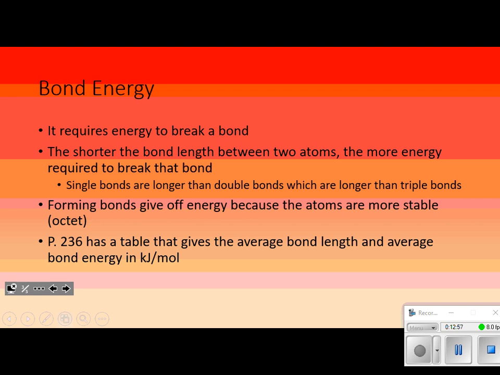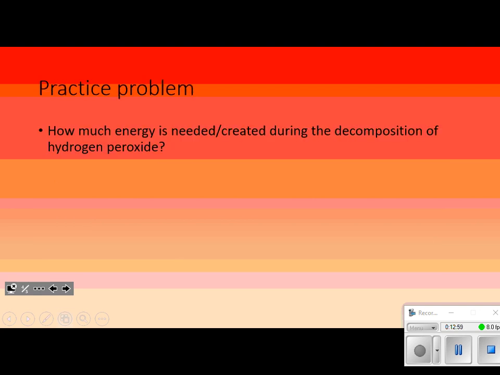Okay, so our goal then is to solve a problem like this. I'm going to go over this with you step by step. How much energy is needed or created during the decomposition of hydrogen peroxide?